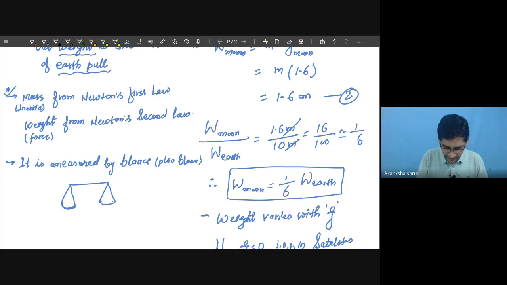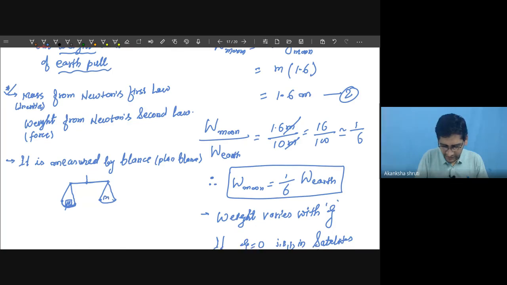So take the two pans, put them, and at the center you take a pivot. If it is exactly horizontal, then whatever 1 kg you are putting and whatever material you are taking, they are considered equal. The unit that we are taking, then this material is also 1 kg.